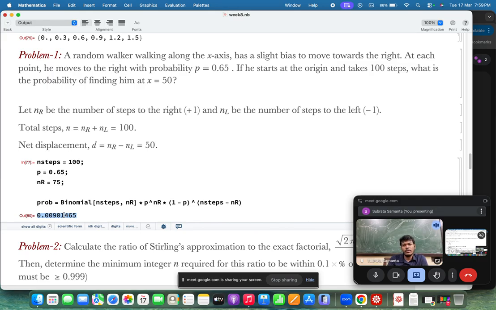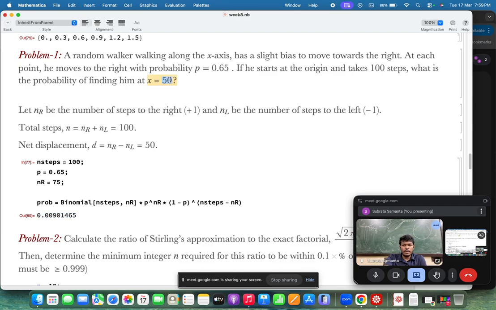Your binomial has total steps 100 and NR is 75, the number of steps on the right in the plus ones, because your net displacement is in the positive direction.